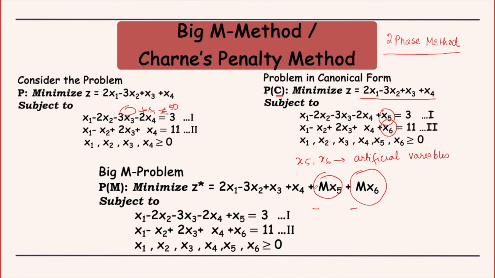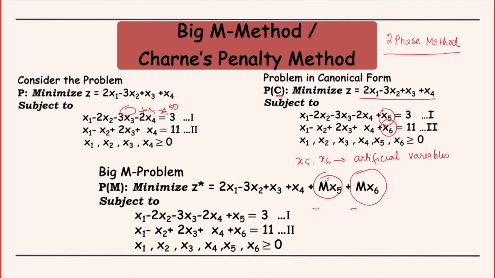Now why do we add these? What is the reason behind adding these? How will that help us in getting rid of x5 and x6 faster? Will that help us? Because M is considered to be very large.